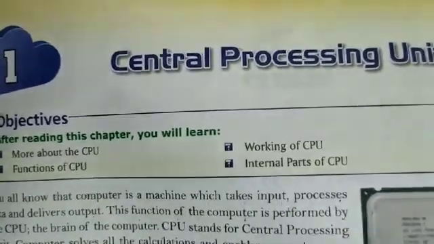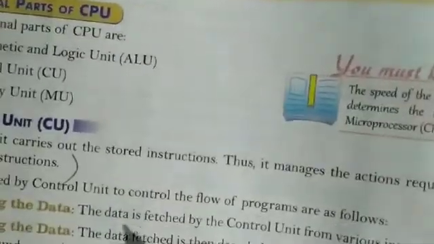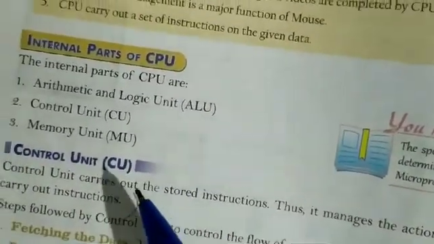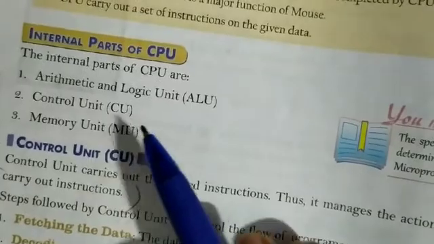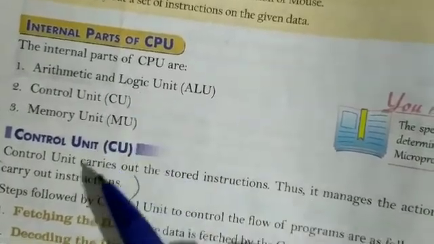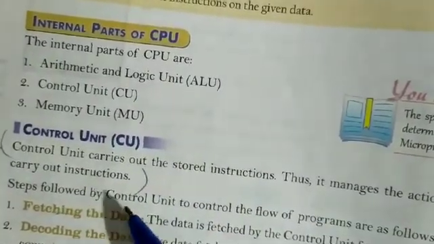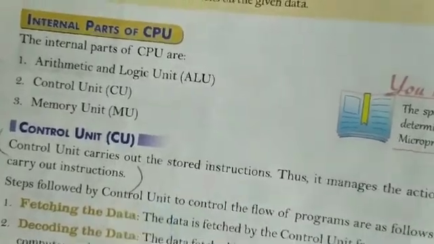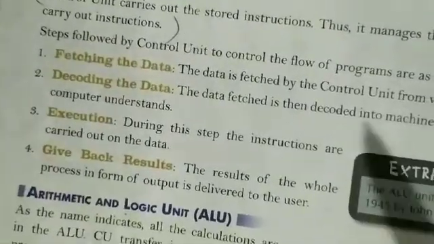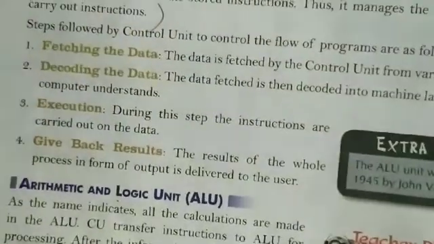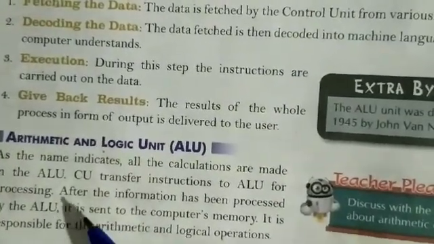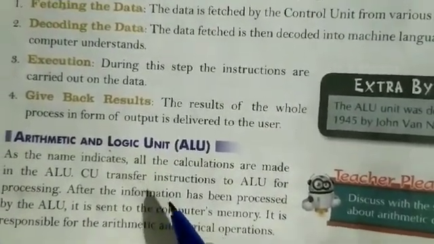First one is ALU, second is CU, third one is MU. In our previous video we discussed the control unit or CU. In this video we will discuss the second part of the CPU, that is the arithmetic and logic unit.